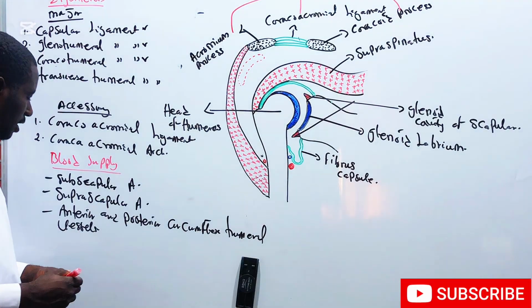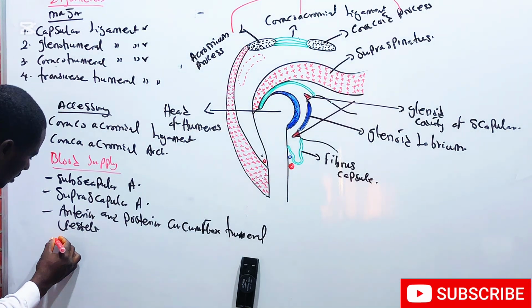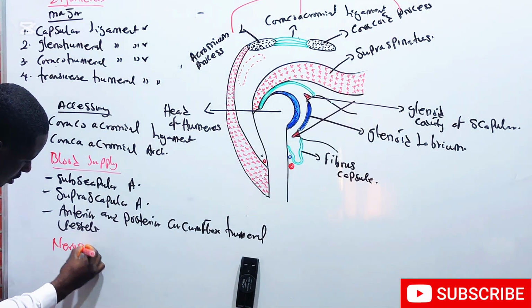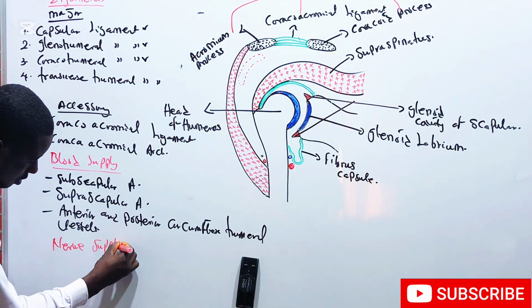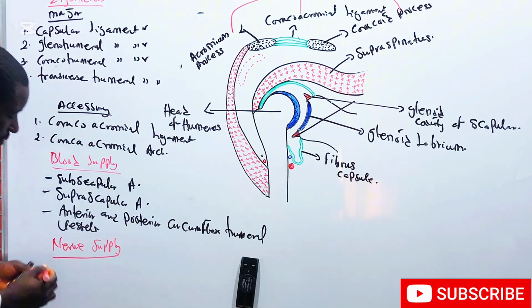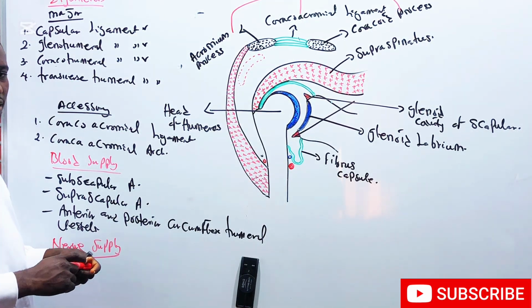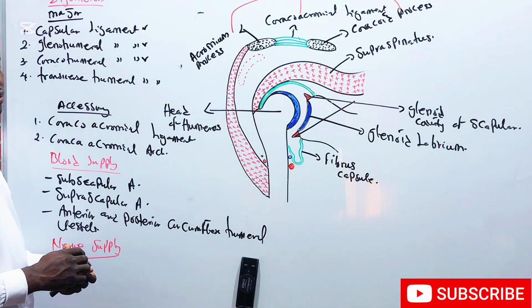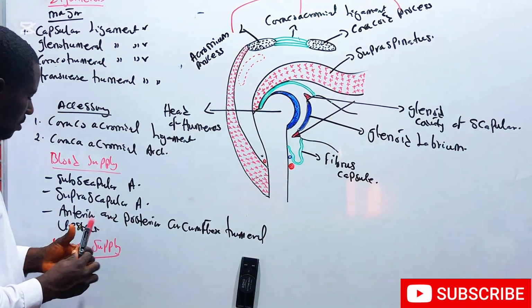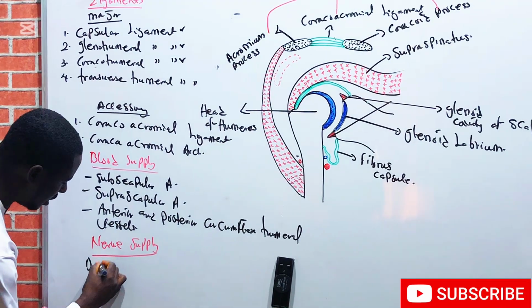Next in line is the nerve supply. What are those nerves that innervate the structures of the shoulder joint? We have number one, the axillary nerve.